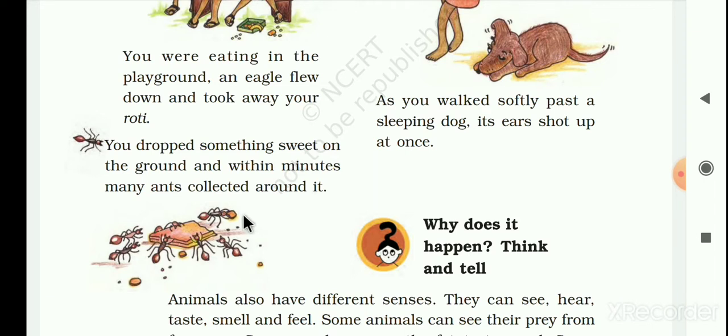Do you know, ants don't have eyes. They have a sense organ, that is the nose, right? So through smell, they come to know that something sweet is there, and that's why they get collected over here. So ants use the nose, right, as a sense organ.